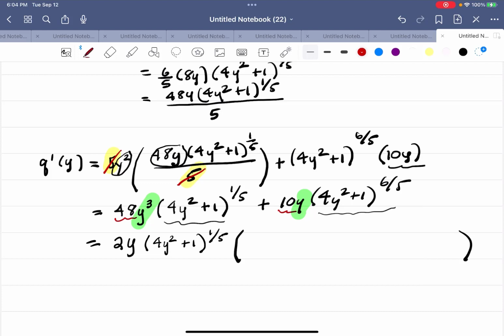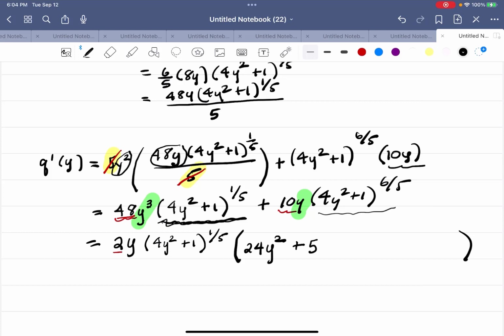So if I took a 2 out of 48, that's going to be a 24. If I took a y out of y cubed, that's going to be a y squared. Now, I took out this entire 4y squared plus 1 to the 1/5. So I don't need anything for that. Plus, I took out a 2 from the 10, that's a 5.